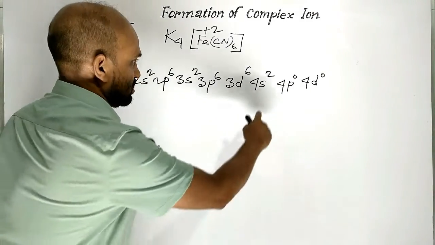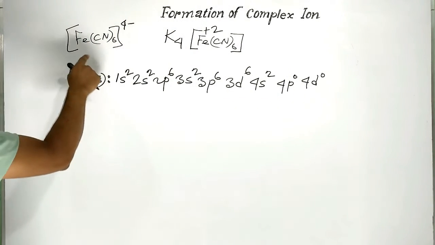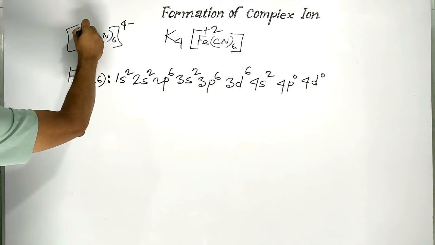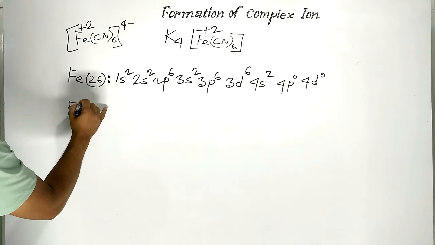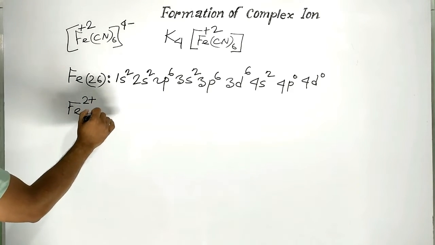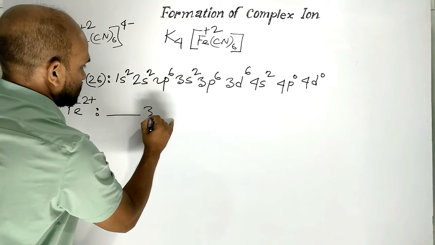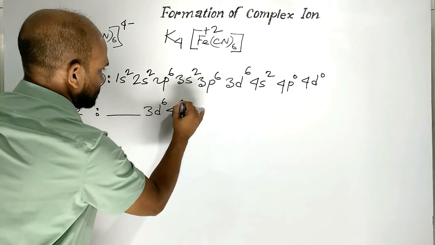That is why 4p0 and 4d0. In this ion, oxidation number of iron is plus 2. That means iron donated 2 electrons. Then electronic configuration will be 3d6, 4s0.